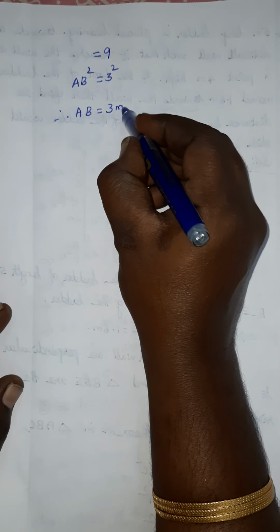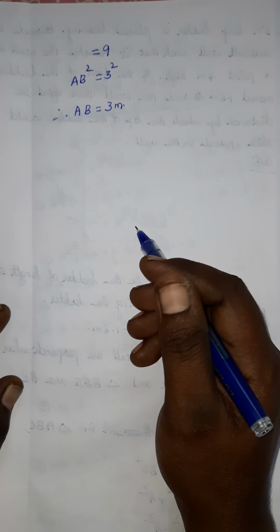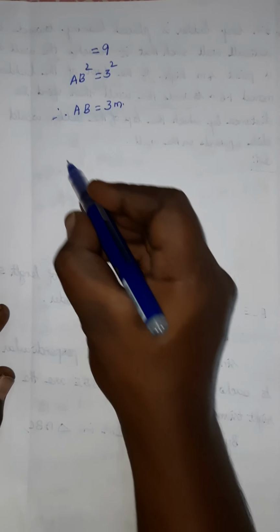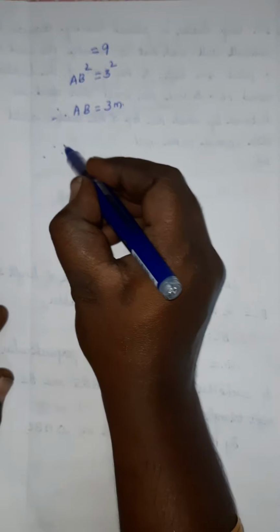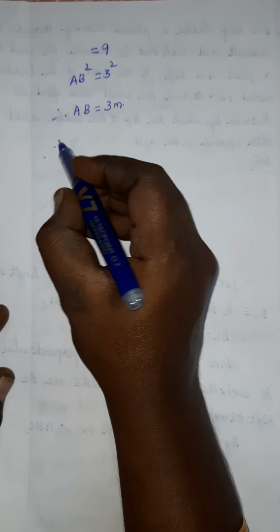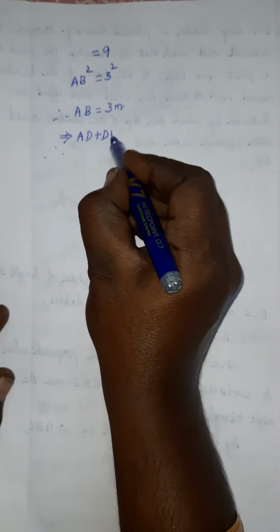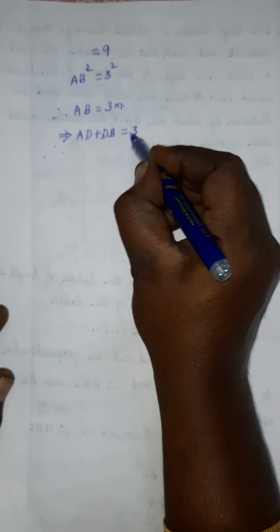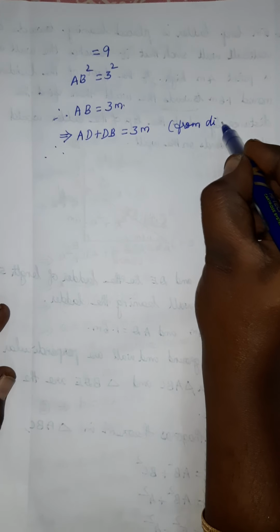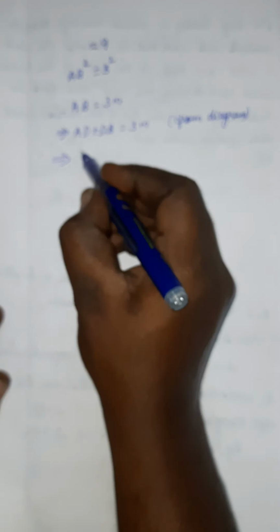The unit is meter. So we get AB distance, then we can find out the BD distance using this AD. Therefore, instead of AB we can write AD plus DB from the diagram, which is equal to 3 meter. Which implies what is the value of AD?